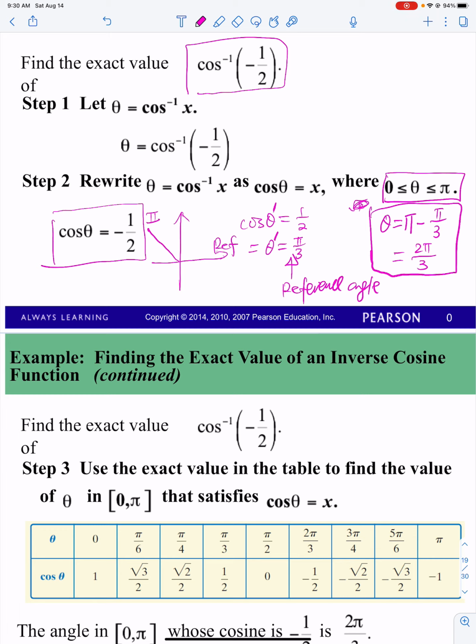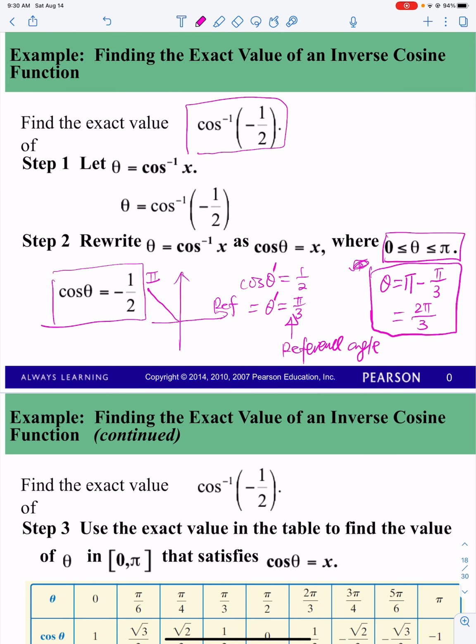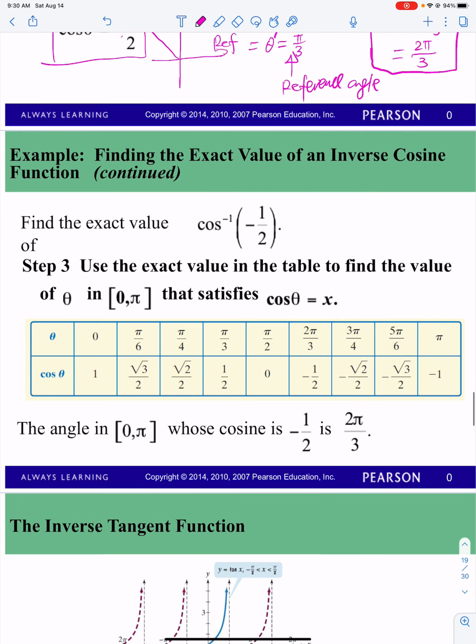If it's positive, definitely it's in the first quadrant. If it's negative, it will be in the second. So always use pi minus the positive angle for the angle in the positive part.